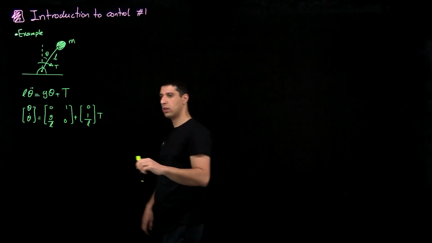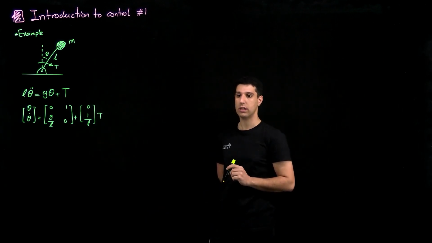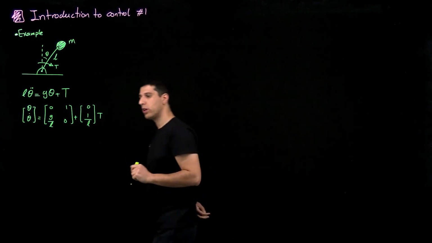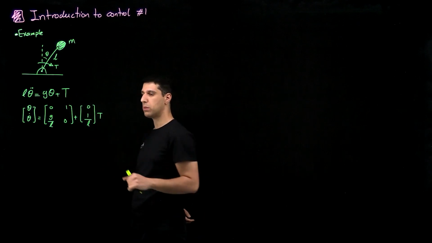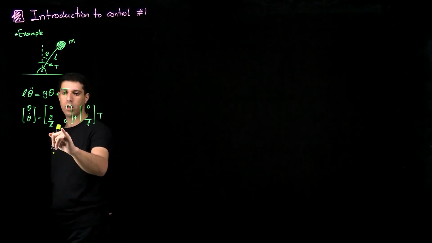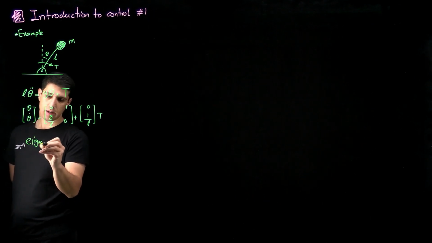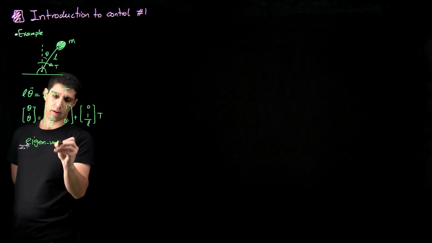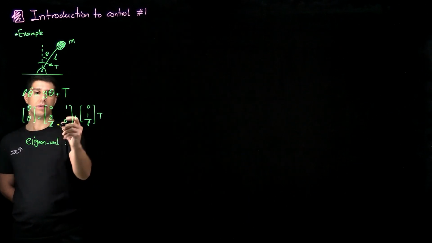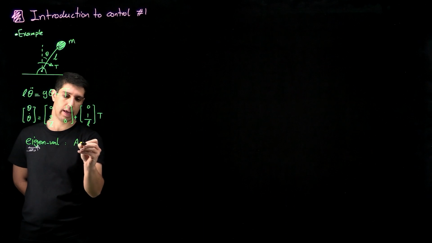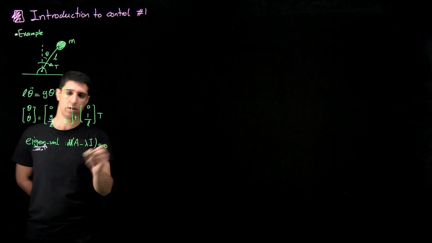I have written the equations in a state space form. Before going a bit further, let's analyze this system without the torque, so the stability of the system on its own. So this is my A matrix. What I need to do is to find eigenvalues of A. To do that, I need to solve the determinant of A minus lambda I equals 0.